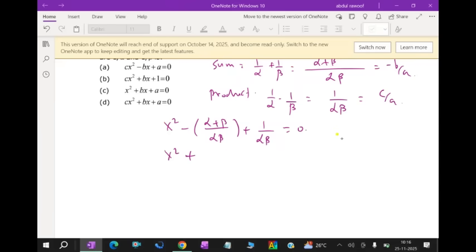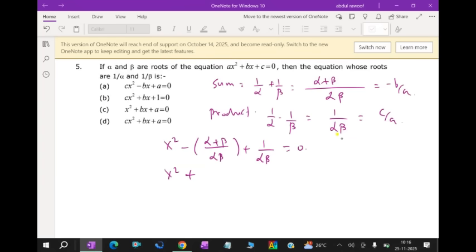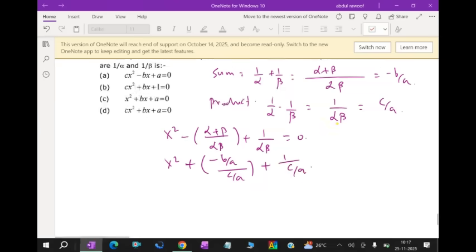This sum of the roots equal to this minus b by a. Here sum is minus b by a over the product of root is c by a plus 1 over alpha beta is c over a.